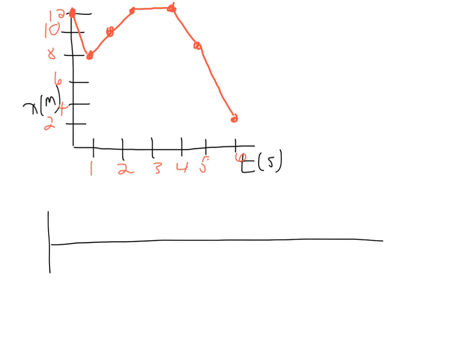It's going to make sense to count by 2 meters as we go across this motion map. Let's make this a little bit longer. And we'll label this every 2 meters to agree with the graph.